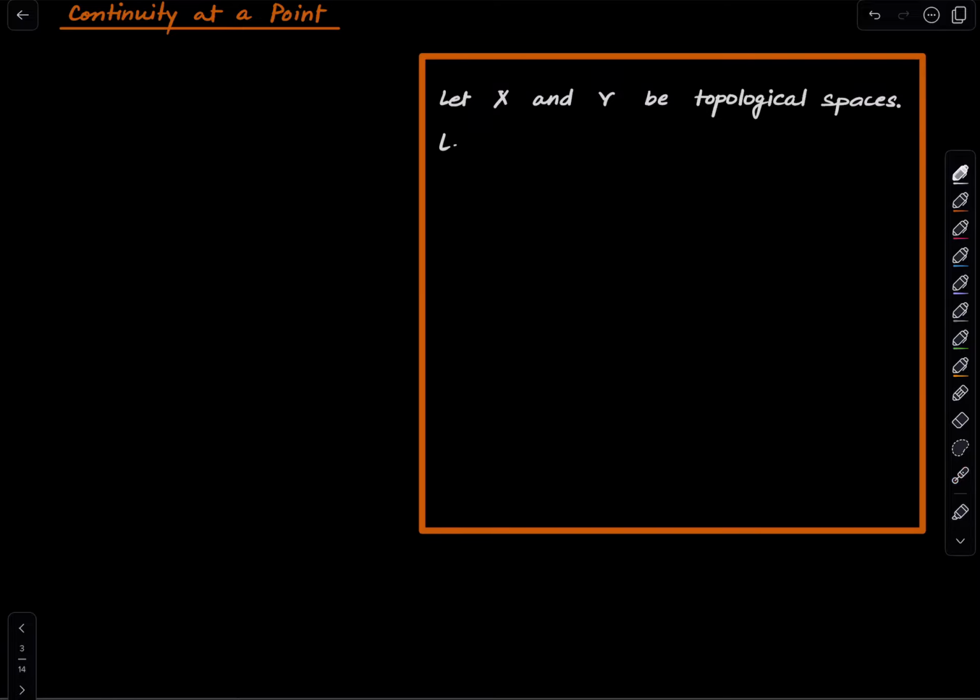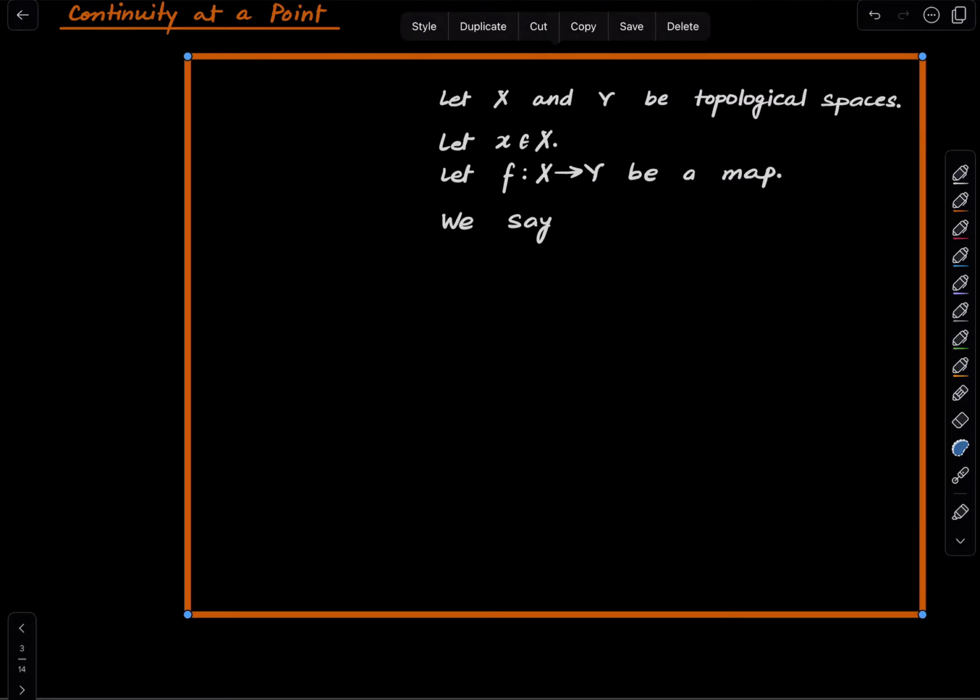So fix a point x in X and let f be a function. Suppose we are given all of this. Then we say, and perhaps it's a good idea to expand this a little bit.